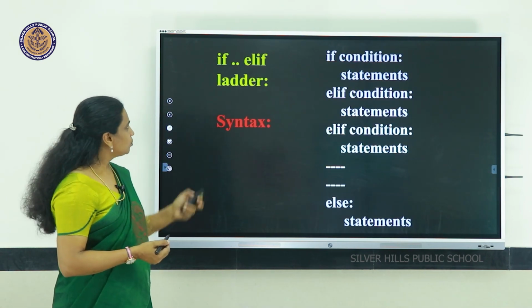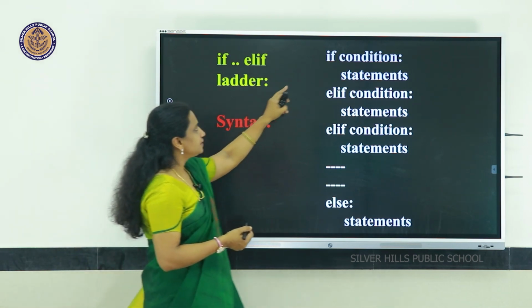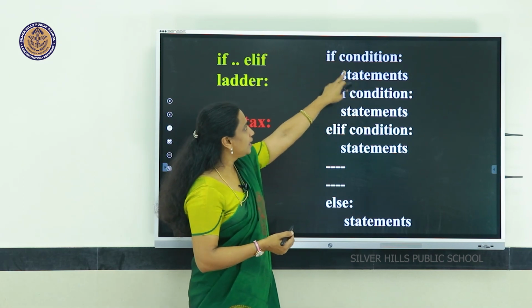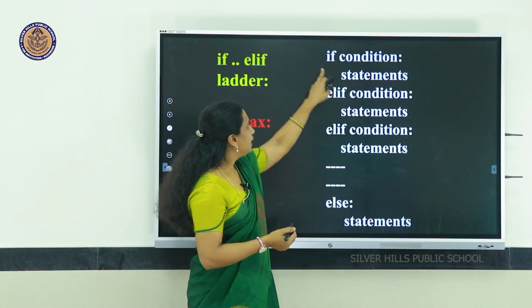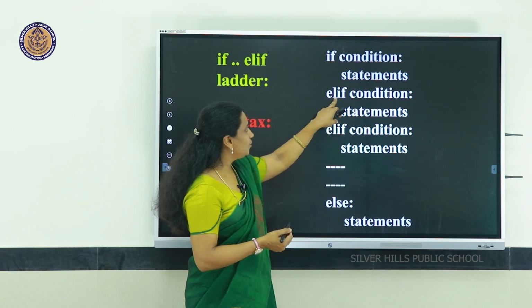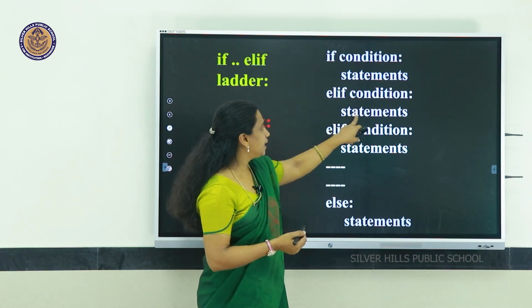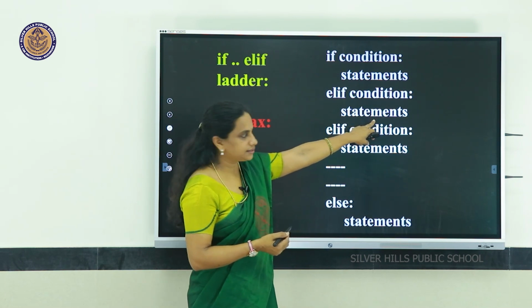Now, just to go through the syntax, first there is an if statement. As I said earlier, accordingly you can have statements. If that condition fails, you can have an elif part. Again one more condition is checked, accordingly you can write the statements.